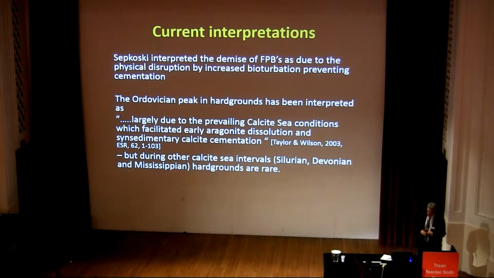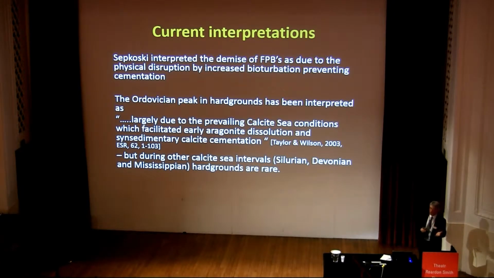That the Ordovician peak in hardgrounds has been interpreted, as it says here, largely due to the prevailing calcite sea conditions which facilitated early aragonite dissolution and syn-sedimentary calcite cementation. Now that is a view which has been expounded many times since, and is in textbooks, for example, that it was seawater chemistry which somehow triggered the abundance of hardgrounds.